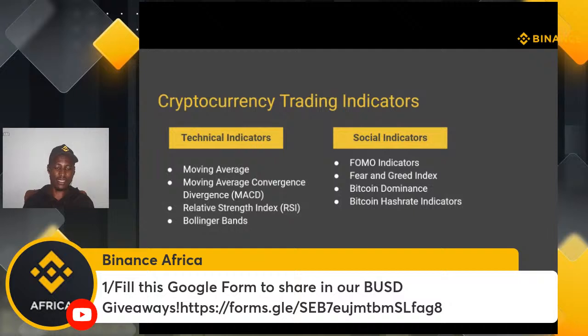Technical analysis takes into account a crypto's trading history and changes in price to predict future price movement. So both the trading history and the changes in price over time are what technical analysis tools use to predict future price movement.